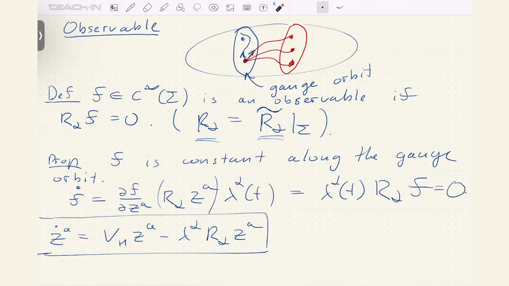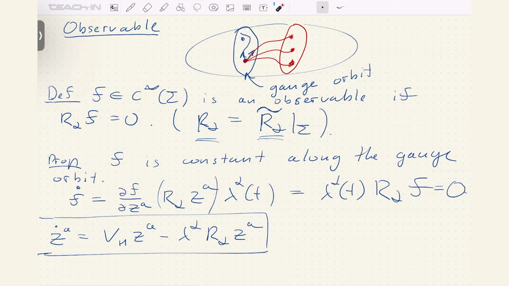So there is a concept of evolution of physical states, but our physical states are gauge orbits. They are like equivalence classes of points. Two points are considered equivalent if they belong to the same gauge orbit. That's what we need to make sure of.